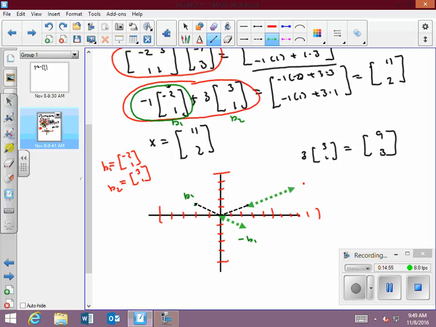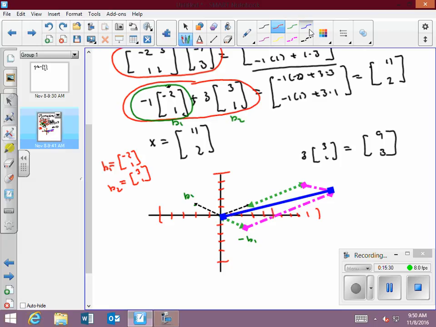So I'm supposed to just extend this on out. This point right here should be 11, 2.